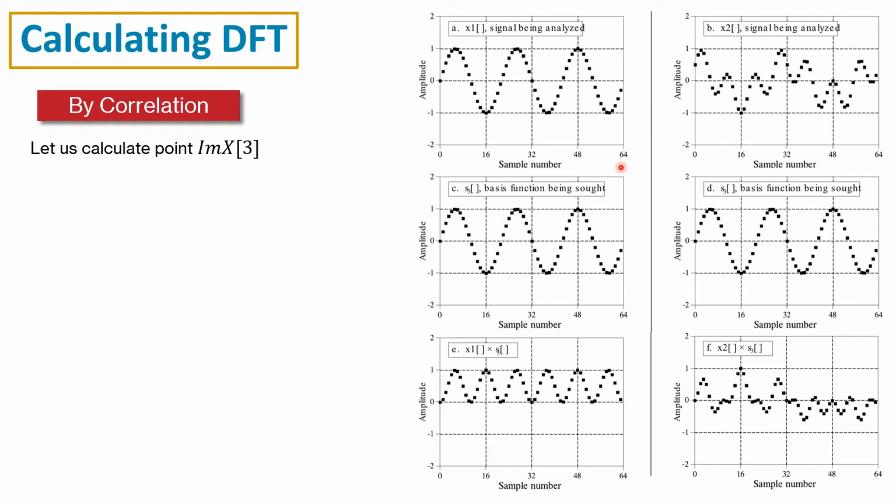Okay, and 32 plus 1, so 33. There will be 33 components of S or imaginary, and 32 for real X. But out of all those we have chosen only one for demonstration purposes.